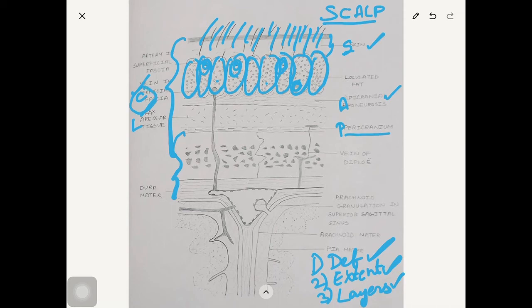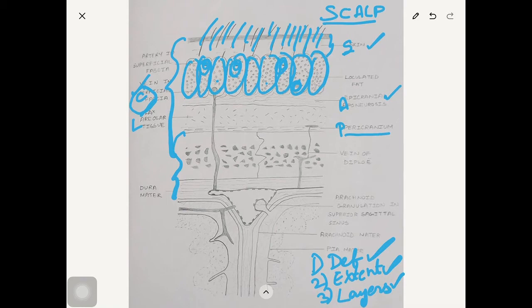Now we will move on to the third layer, epicranial aponeurosis and its muscle. First we will see the epicranius muscle. Epicranius muscle consists of occipitofrontalis and sometimes temporoparietalis.